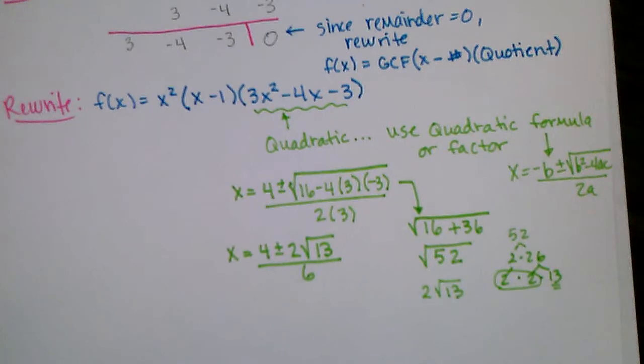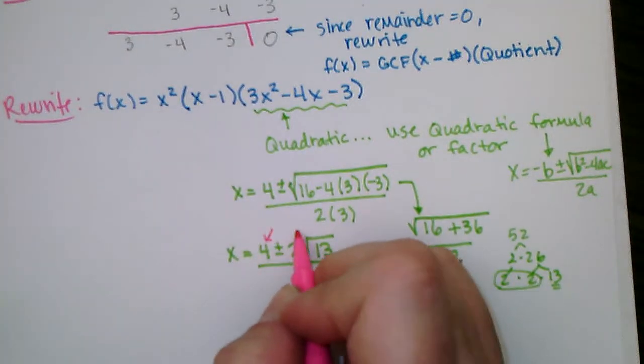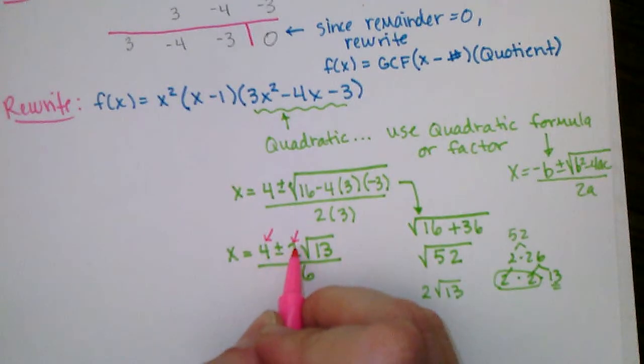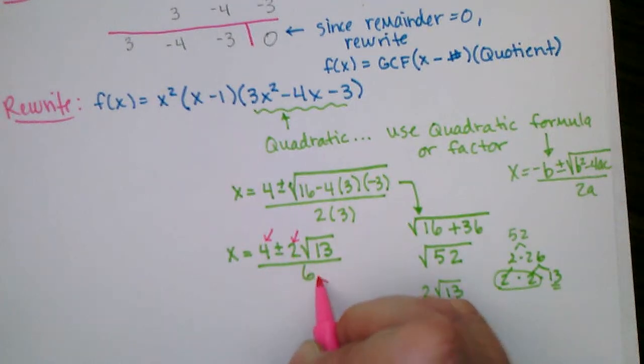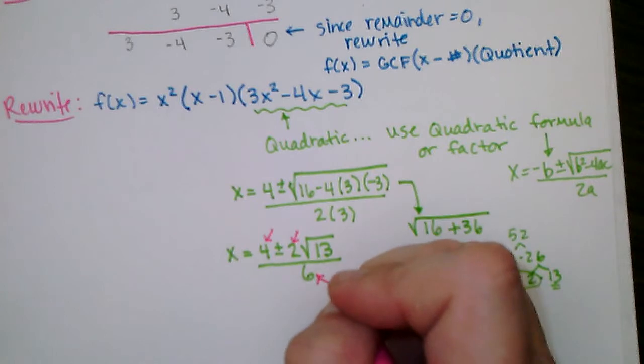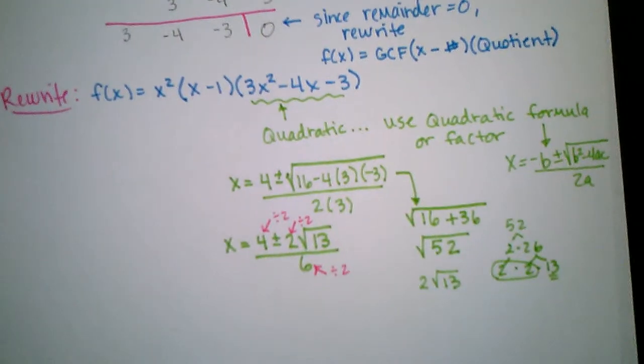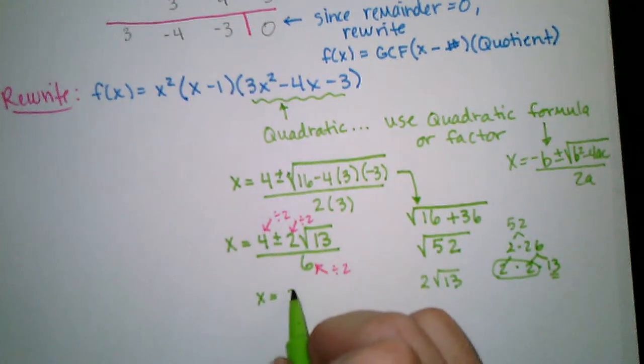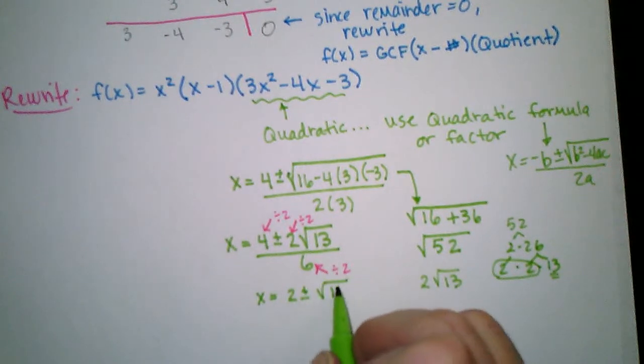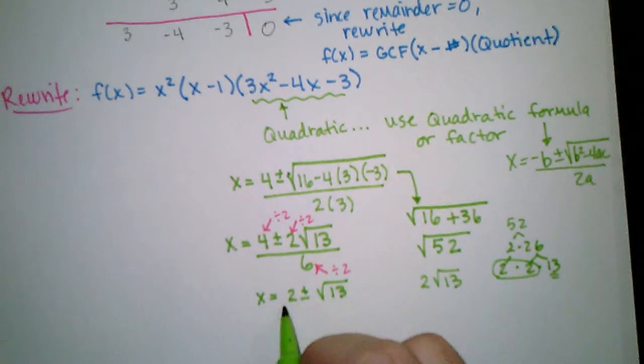And then we got to remember that if I can simplify the number that stands alone, the coefficient of the radical, and the denominator by the same number, I have to do that. Those all divide by 2. So I get x equals 2 plus or minus square root of 13 all over 3.